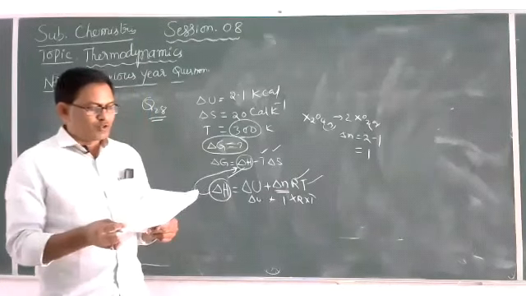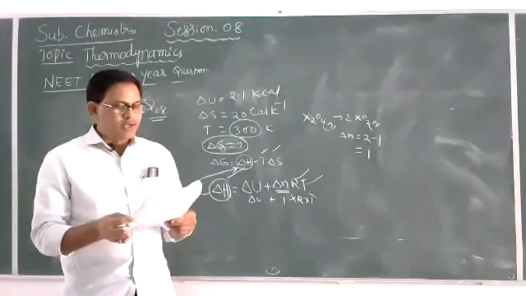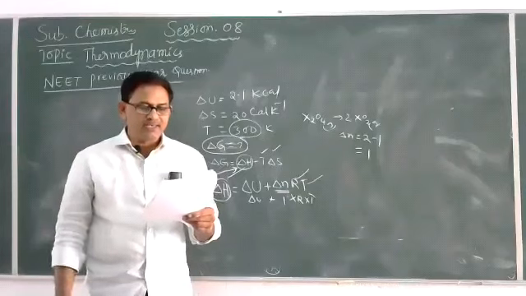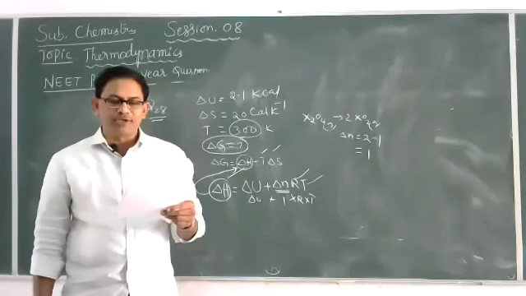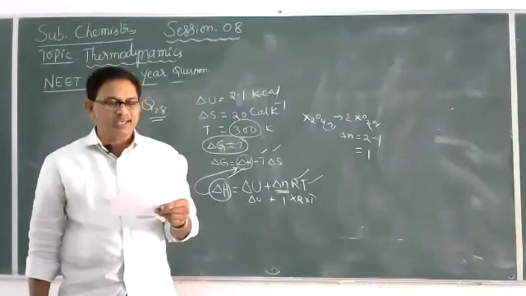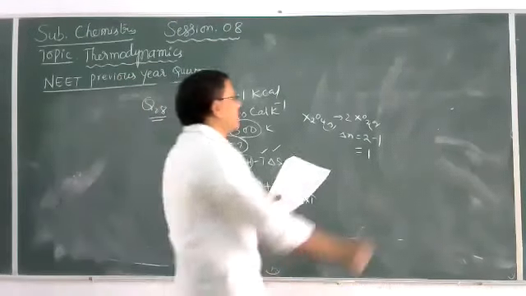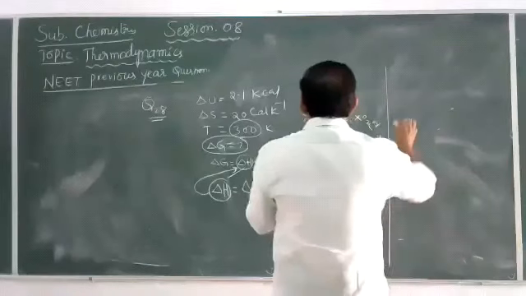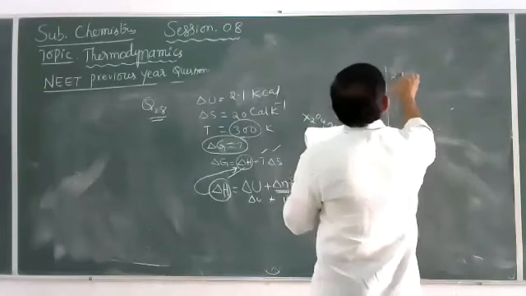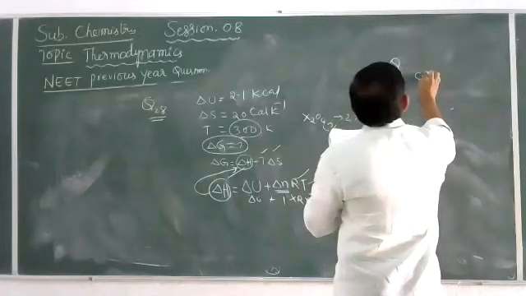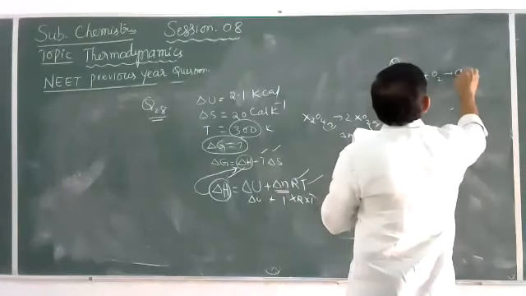Next, question 29. Heat of combustion of carbon to carbon dioxide is given. Heat released upon formation of that amount of carbon dioxide from carbon and oxygen is asked, so it is based on mass-mass stoichiometric relation. C plus O2 gives CO2.